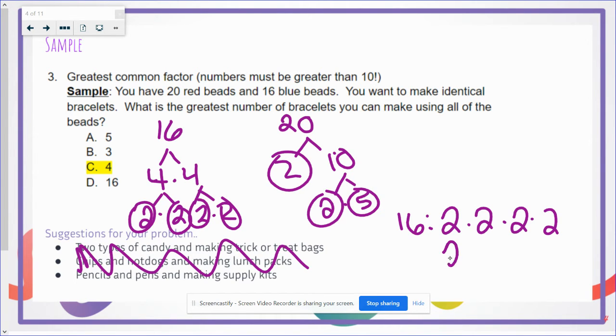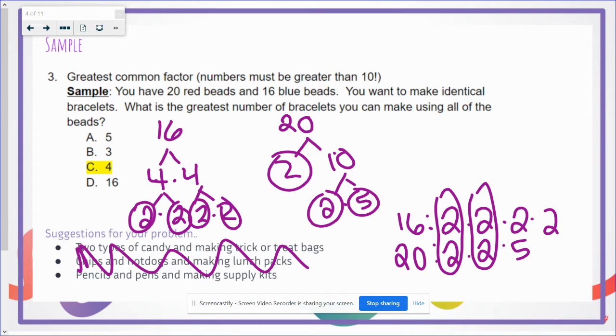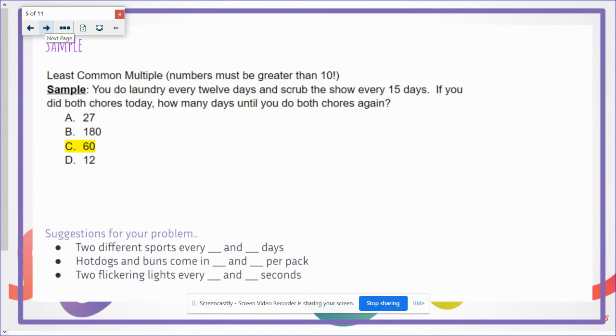So 20 would be 2 times 2 times 5. Now what I see here is that in both lists, they share not 1 2, but they share 2 2s. So they don't just share a 2, they share a 2 times 2, which would be 4. So the greatest number we can divide both beads by would be 4. All right, let's move along.